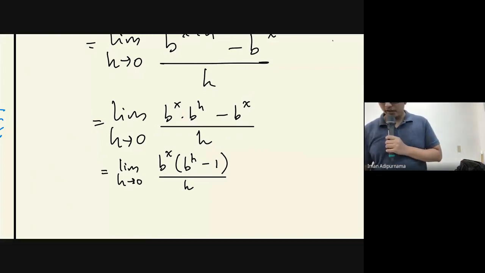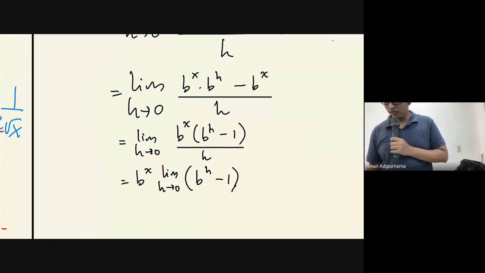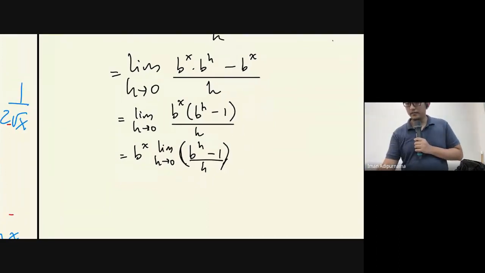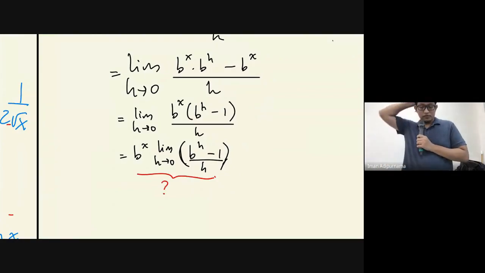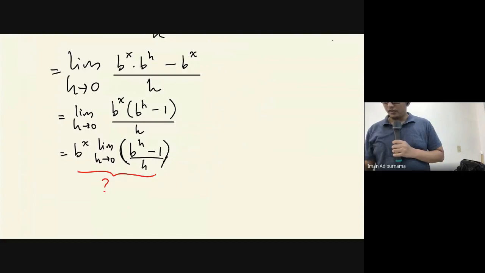Okay, let me write this as b to the x here. Okay. So we have these expressions here. Okay, b to the h minus 1 over h.